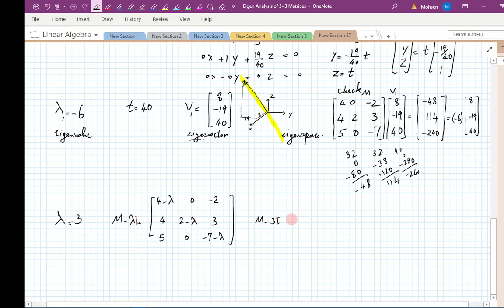Again, some books put the identity, some books don't. It's the same. So when lambda is 3, this becomes 1, 0, minus 2, 4, minus 1, 3, and then 5, 0, and this is going to be minus 10. Is that right?